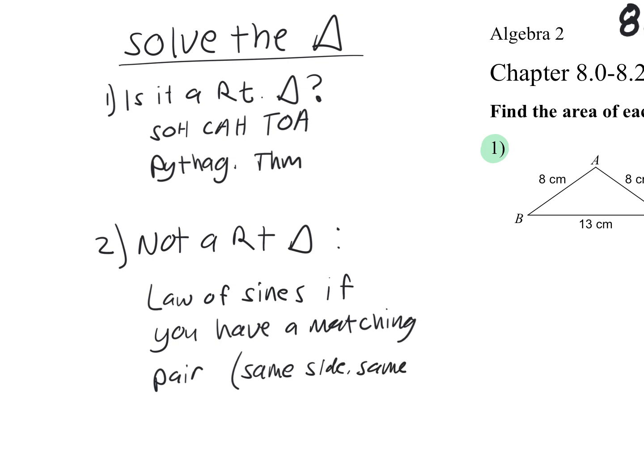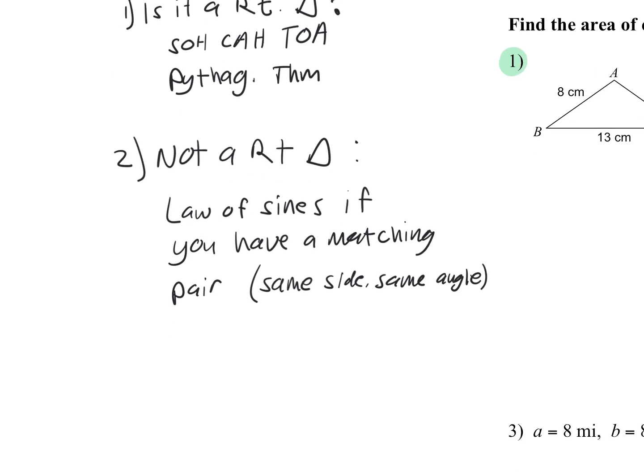So for example, you have angle A and you have side A, or you have angle B and you have side B, right? This is where you use law of sines. So same side, same angle, right? And then you're going to use law of cosines any other time. Otherwise, I'll just say otherwise.